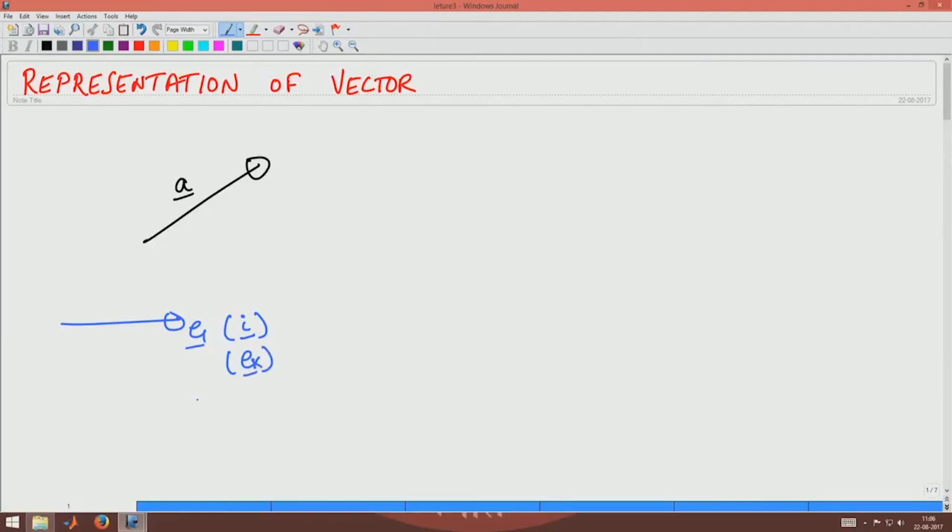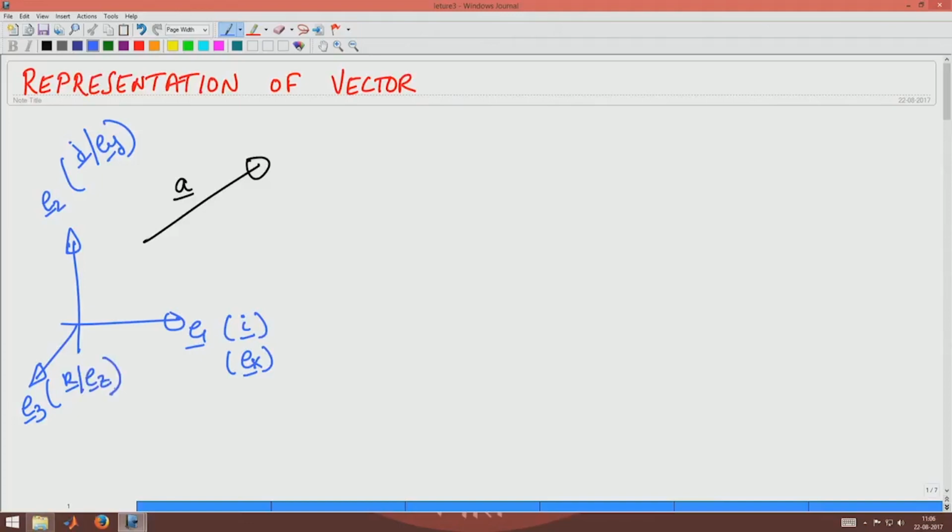These are different symbols used to represent this directed line segment, and another directed line segment E2, for which you might be using the symbol j in your previous courses, or you can denote it by Ey. E2 and Ey are notations that we will use frequently in this course. Another, third directed line segment is E3, which we will denote by k or Ez.